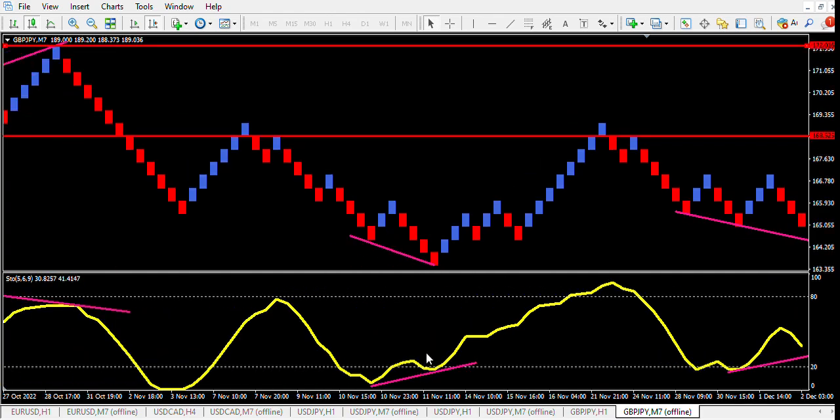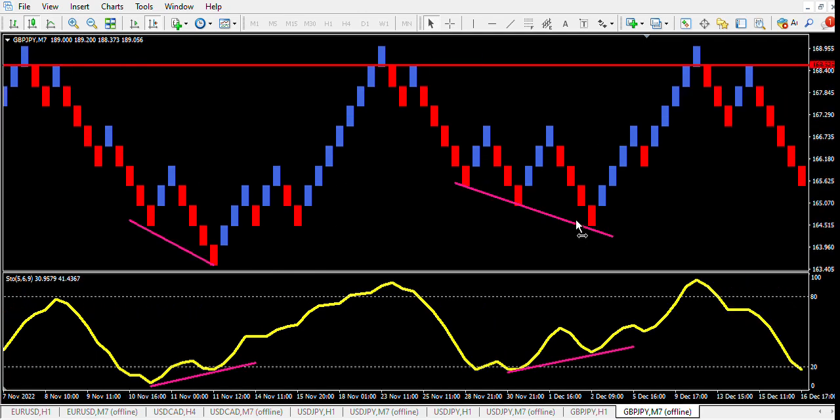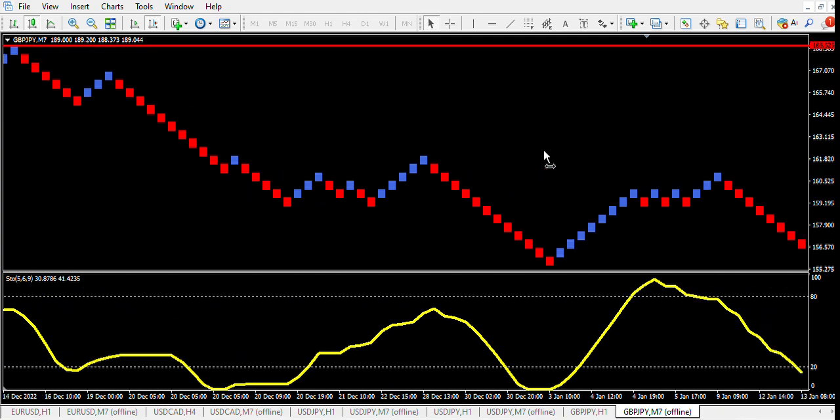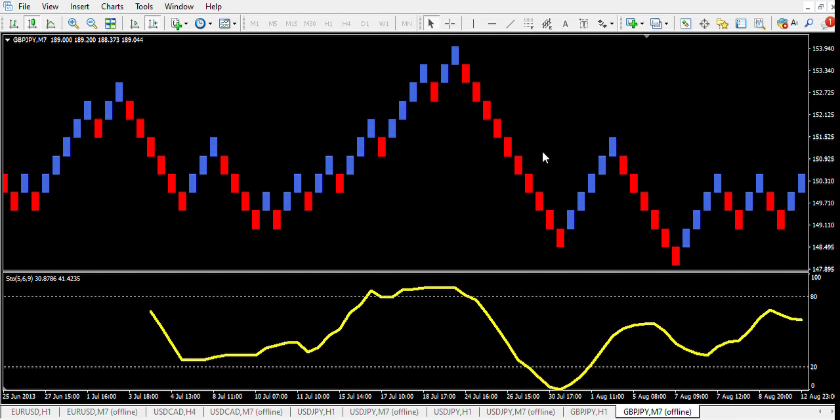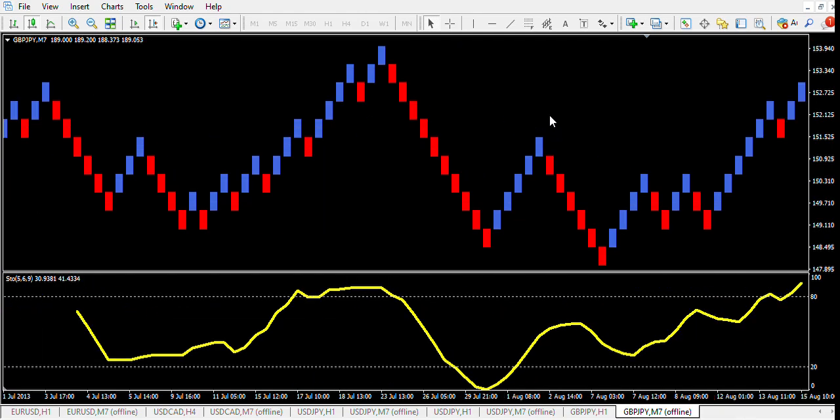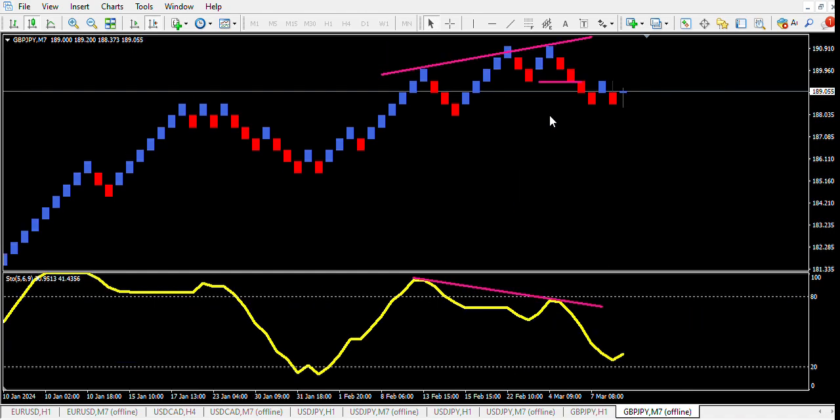Here's another one that's divergent, and you can just go on and on with divergence on a Renko chart. The point is it's just another way for you to get a very high probability trade that will yield you a lot of pips and add to your bottom line.